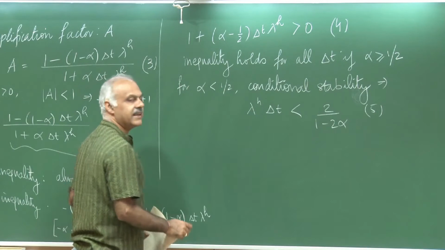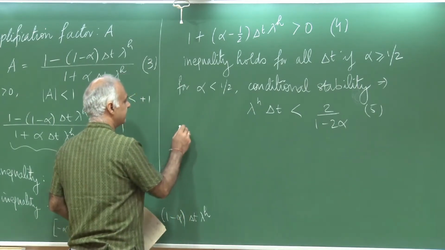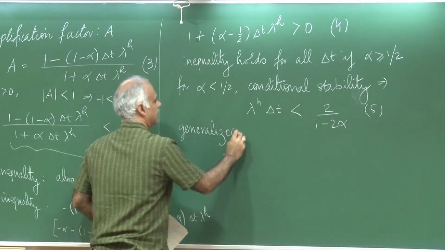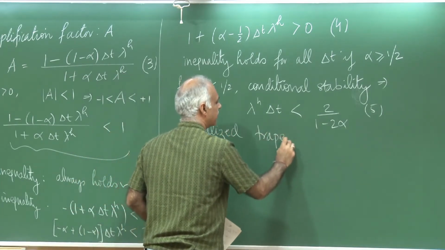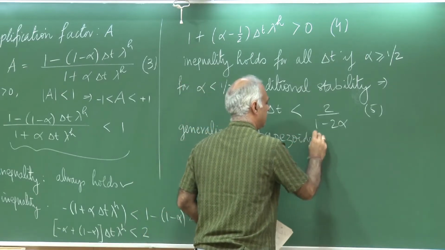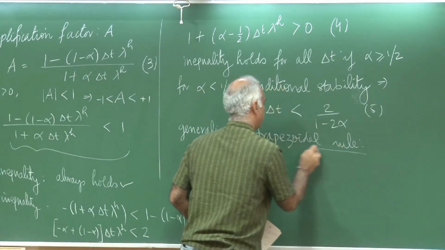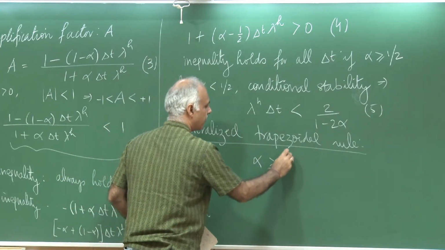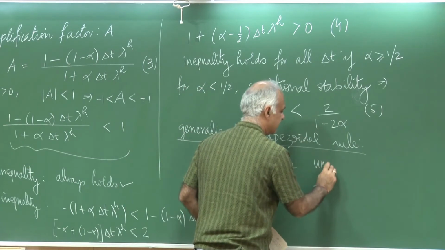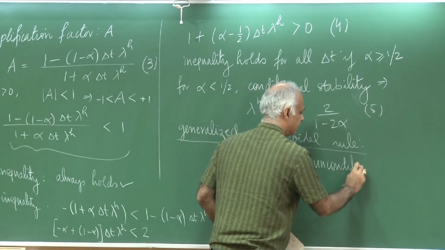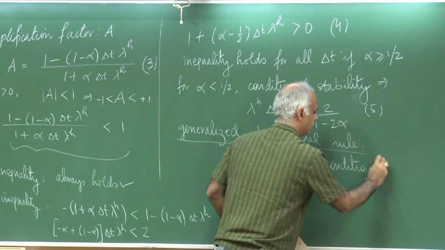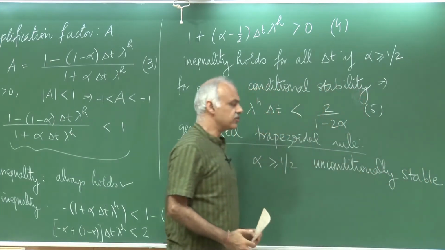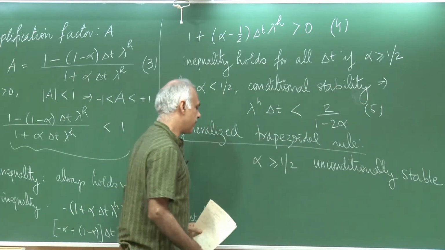So therefore, the bottom line is the following, that for the generalized trapezoidal rule, if I use alpha greater than or equal to half, I am unconditionally stable. That means I can use any time step that I would like.